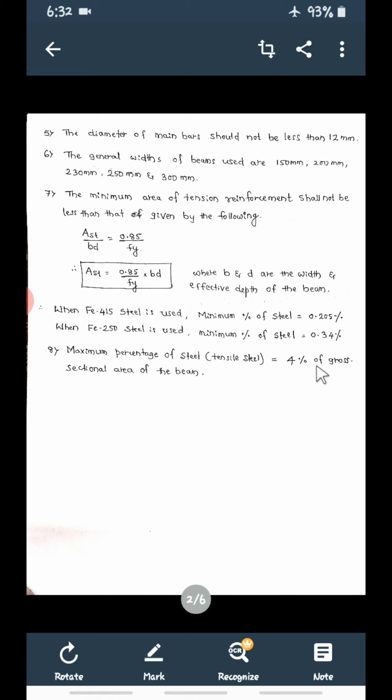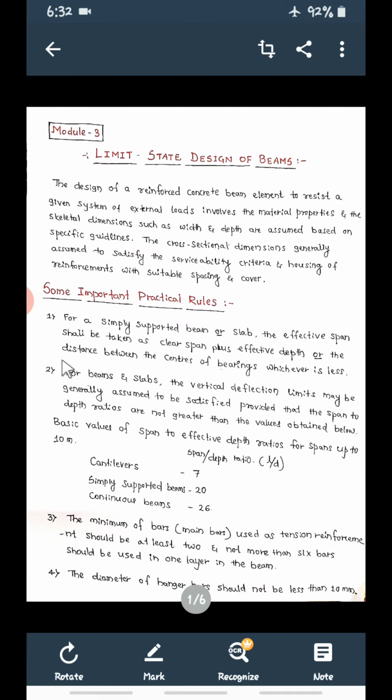So 4% of B into capital D. You should not provide a percentage of steel more than that. So this is the minimum percentage of steel, this is the maximum percentage of steel. These are some important basic points you have to remember before going into the design.